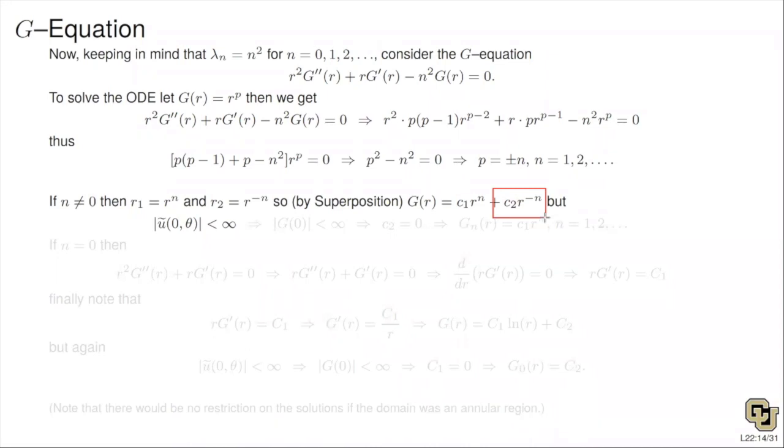And so if R is equal to 0, that's a bad deal. This part's a little bit subtle. Think about it now. R is in the denominator. We need our solution to be bounded at 0. 1 over R is not bounded. Here, 1 over R would blow up.